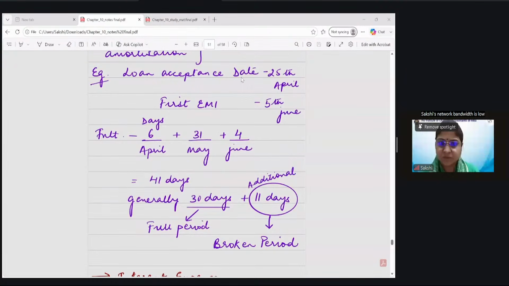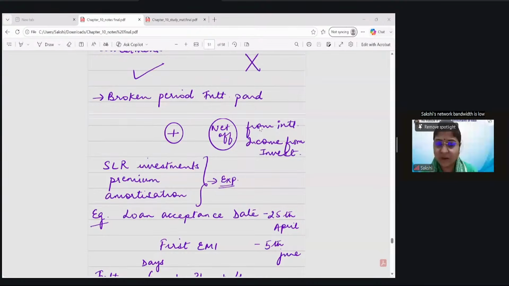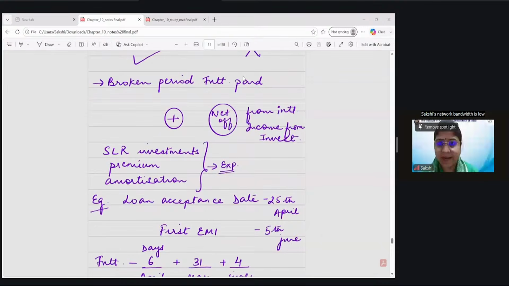The screen is visible, ma'am. I've connected another connection. Yes, ma'am, now it is clear. I'm scrolling the screen up and down. Is the screen visible now? Yes, ma'am, please continue. No issue, it is clear now, audio and visual both.